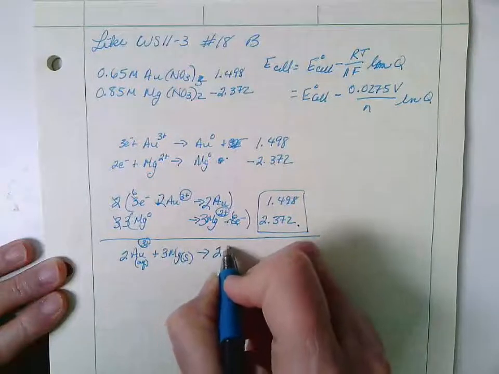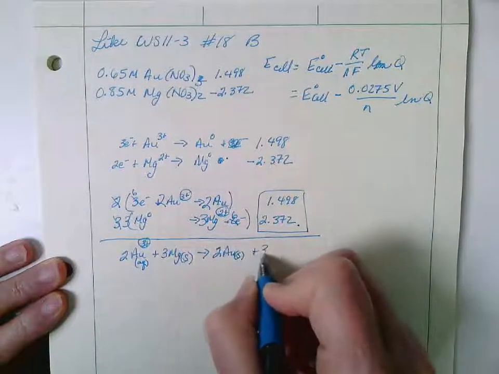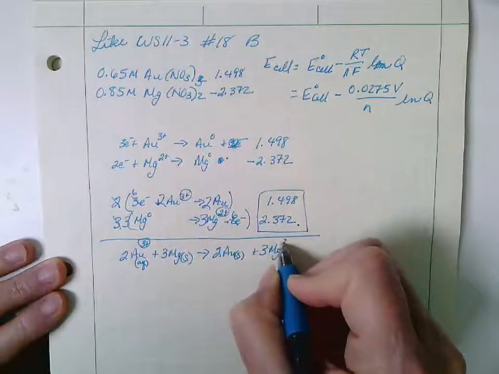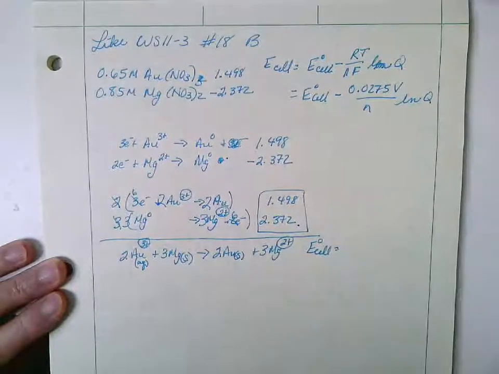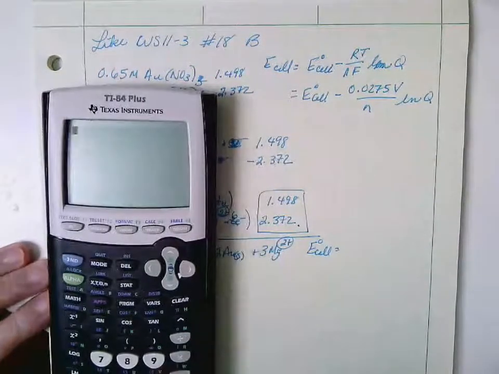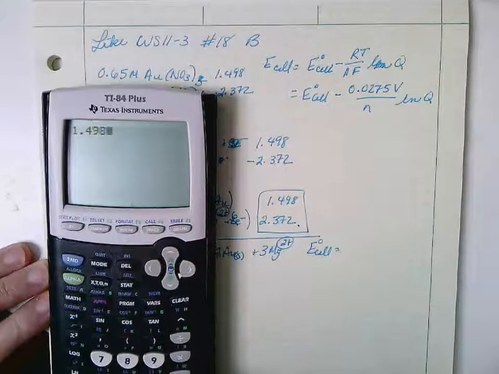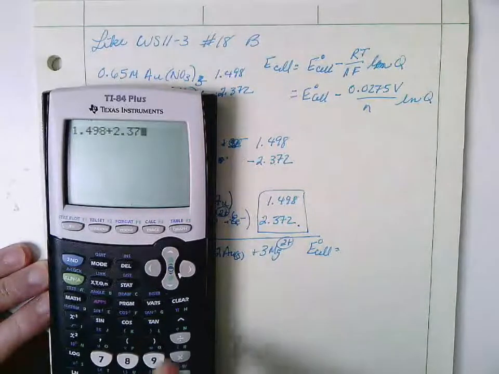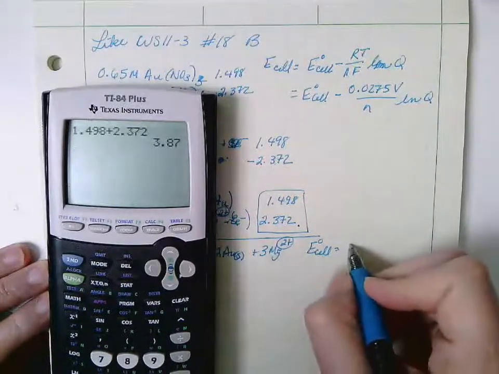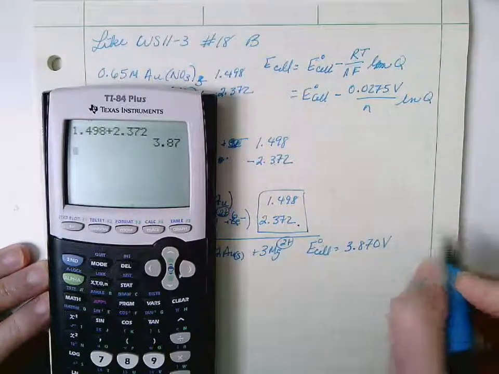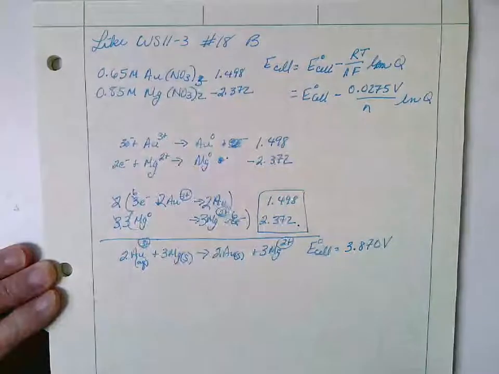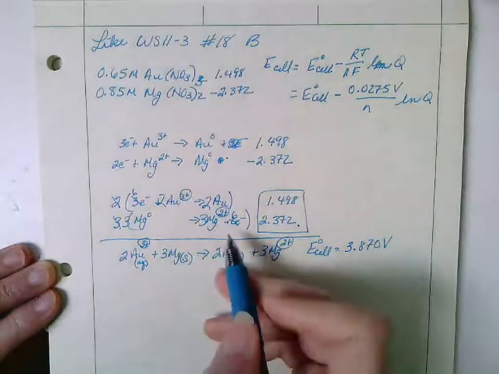And so then 2 Au solid plus 3 Mg2+, and E naught for my cell is going to equal 1.498 plus 2.372 equals, and so I get that E naught is 3.870 volts.